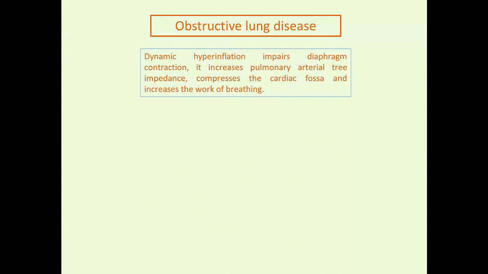Dynamic hyperinflation impairs diaphragmatic contraction. It increases the impedance of the pulmonary arterial tree, primarily or almost entirely by increasing pulmonary vascular resistance, because as we saw in a number of chapters, as your lung volume increases above functional residual capacity, that is, as your transpulmonary pressure increases, and again, transpulmonary pressure is the pressure gradient that determines lung volume.